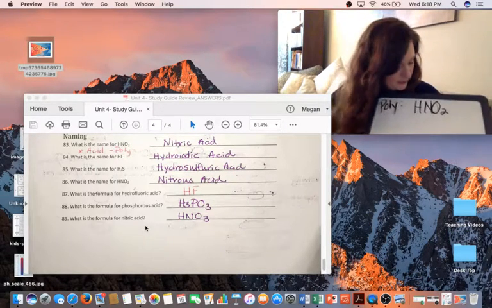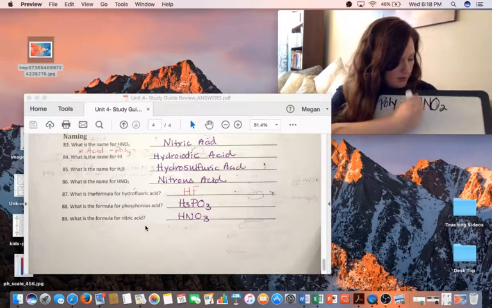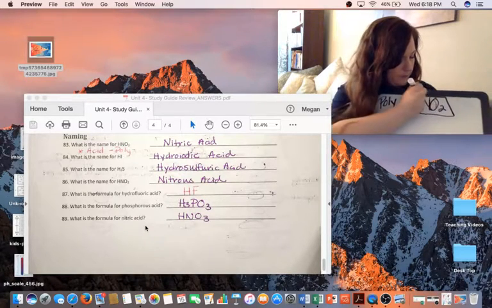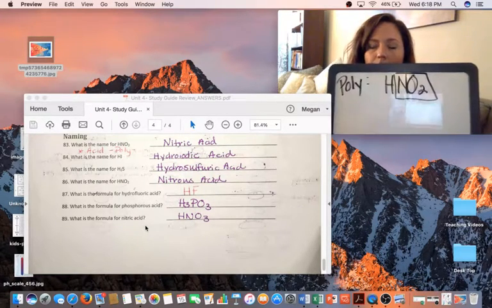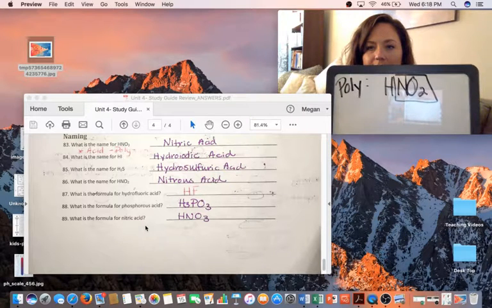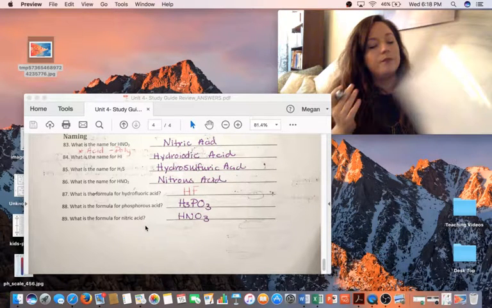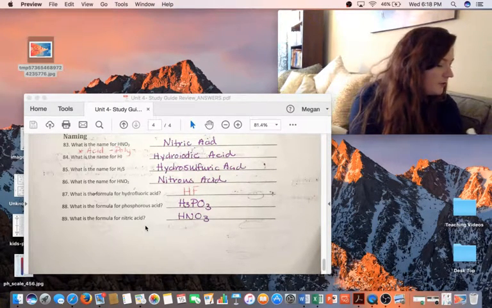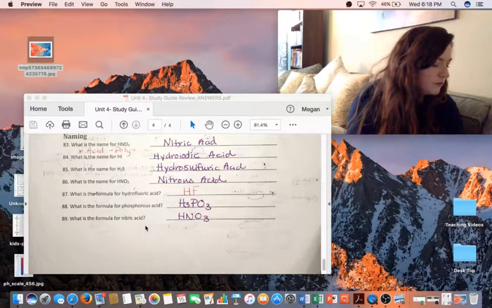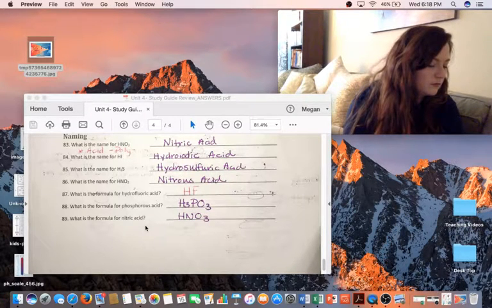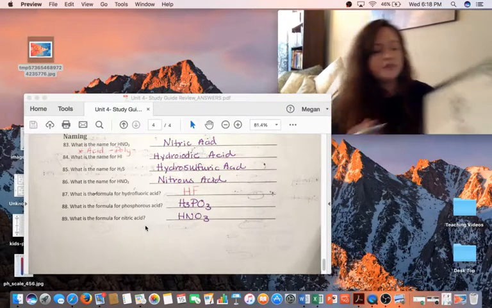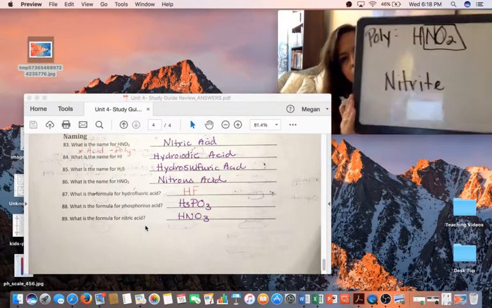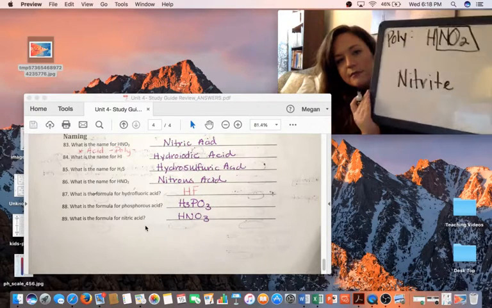All right, so identify who your polyatomic is, NO2. When you look on the back of the periodic table, you should see the name nitrite.